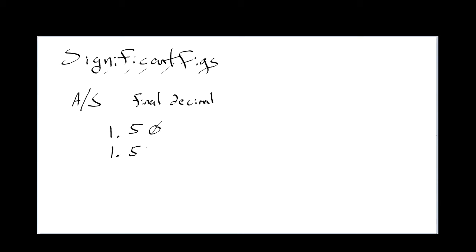We'll change it up just a little bit. This number has 4 sig figs. This number has 3. That isn't really all that important when it comes to doing addition and subtraction. What matters is the fact that this number ends there, this number ends here.